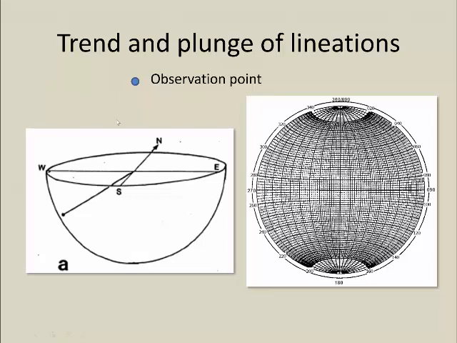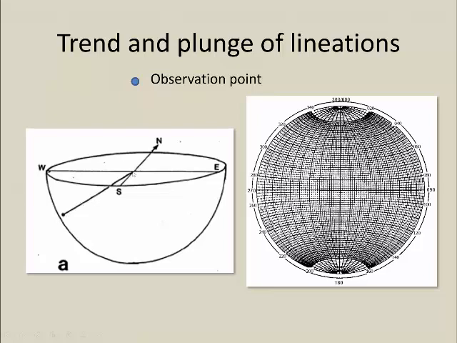So here we see again an attempt at a three-dimensional portrayal of the lower hemisphere, and the projection works as follows. Imagine that you look from above onto the lower hemisphere. From an observation point above, you look at the intersection point of such a lineation.